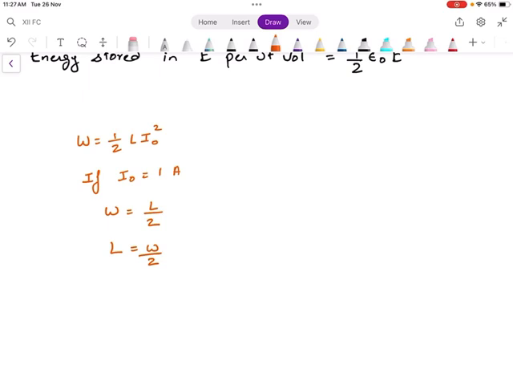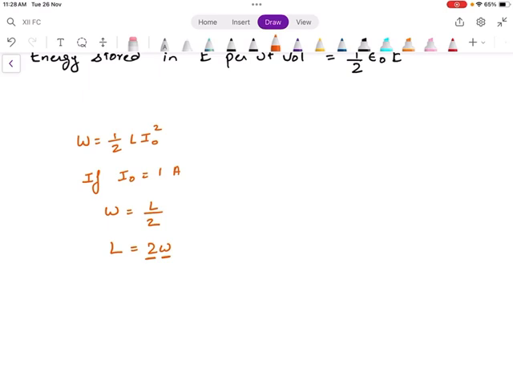For 1 ampere current, the inductance is equal to twice the work done. So self-inductance is numerically equal to twice the work done in establishing magnetic flux associated with unit current in the circuit. I repeat, self-inductance is numerically equal to twice the work done in establishing magnetic flux associated with unit current in the circuit.